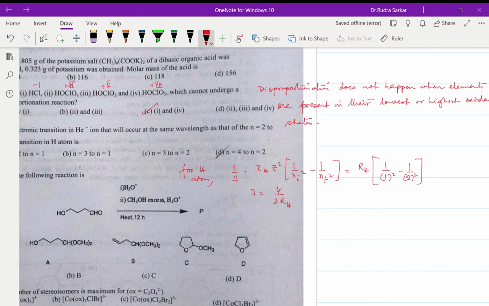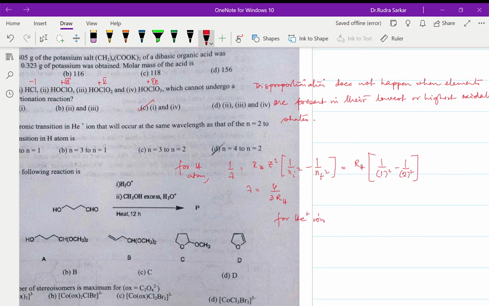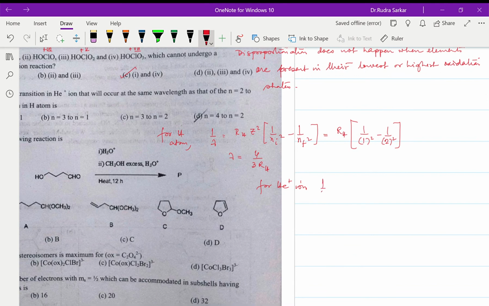Now for the He plus ion, we will say 1 by lambda equals R_H Z_He plus squared times 1 by Ni squared minus 1 by Nf squared.